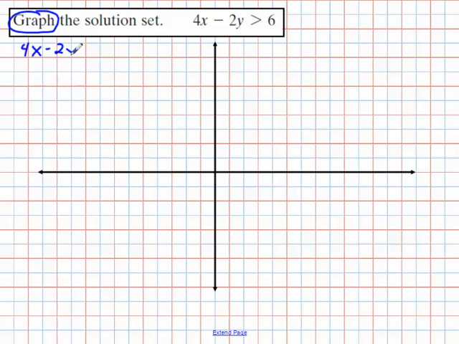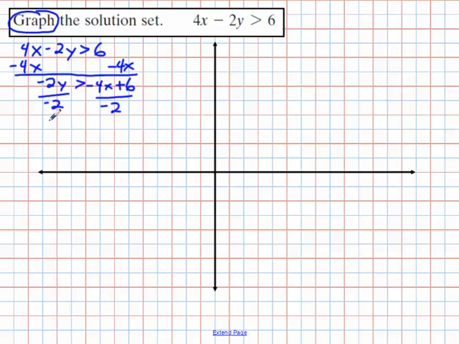So I'm going to start with 4x minus 2y is greater than 6. I have to put it into y equals mx plus b format. How do I do that? I subtract 4x, and I get negative 2y greater than negative 4x plus 6. Now I have to divide by negative 2.